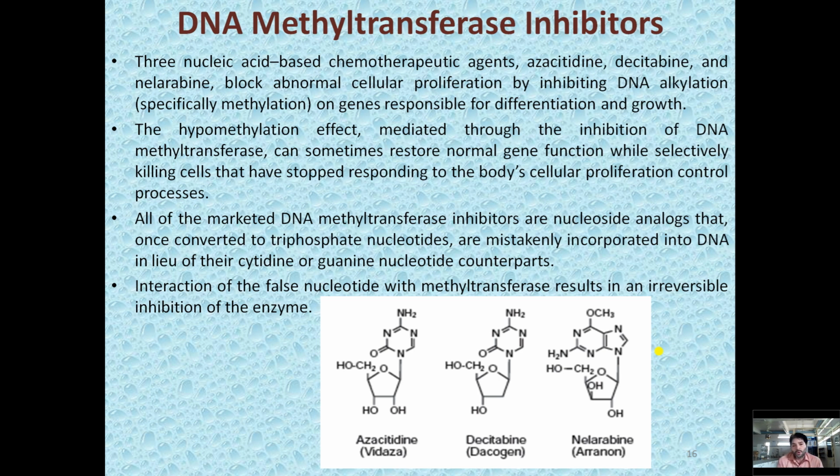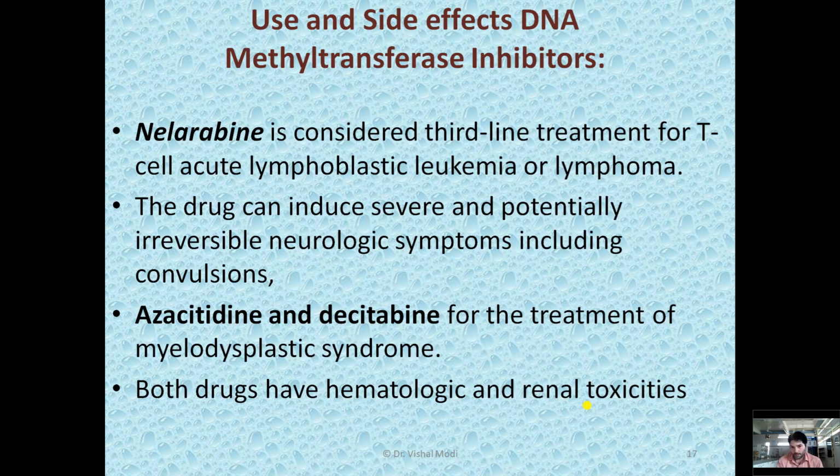From this class you can see here two pyrimidine nucleosides and one purine nucleoside. They inhibit the methyltransferase at particular DNA genes, and they inhibit DNA synthesis. Now, use and side effects of the DNA methyltransferase inhibitors.